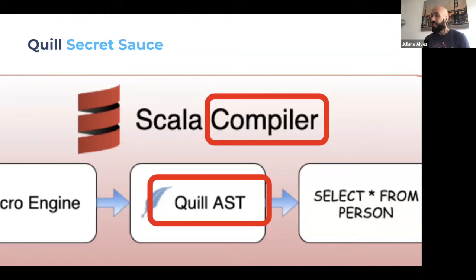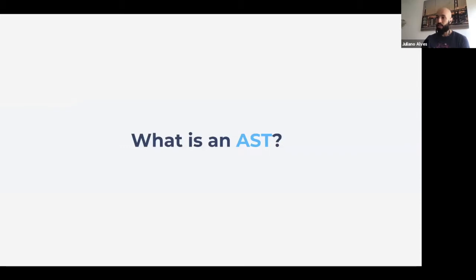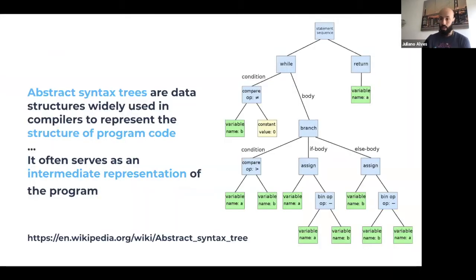Okay, so first of all, what is an AST? An AST, an abstract syntax tree, is a data structure used by compilers to represent the structure of our code. So it's pretty much, as it says here, an intermediate representation of that program, keeping some of that information and later on generating an outcome from the information that's provided, right?